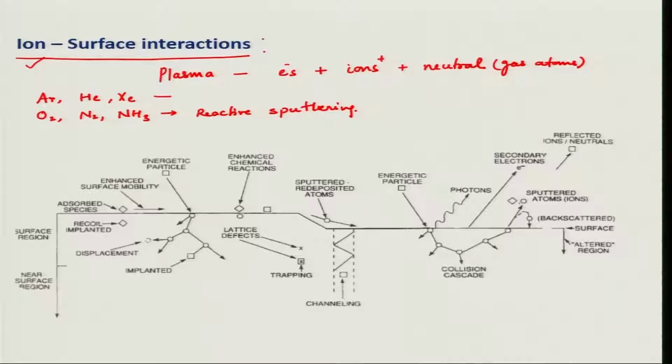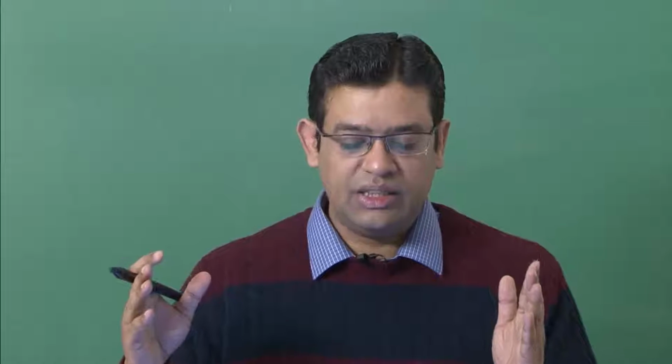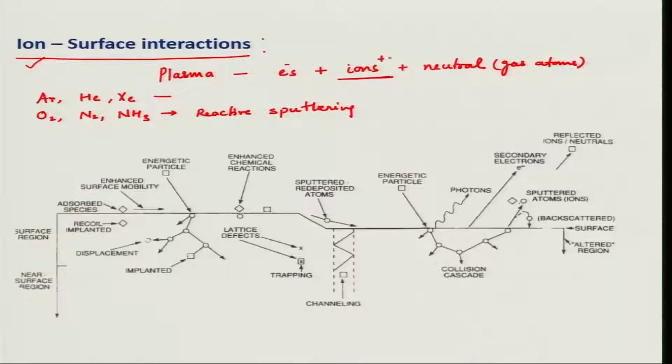Now, for the sputtering process we are mainly interested in these positively charged ions. If you recall, our cathode, which is a negative electrode, all positively charged ions will be accelerated towards the cathode in the electric field which is applied between the two electrodes. Now, these positively charged ions have some kinetic energy, and when they collide with the surface of the cathode, there are many activities that happen on the surface.